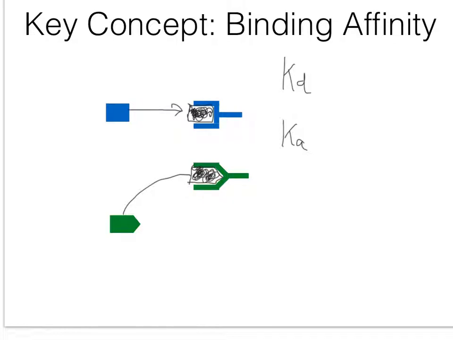What you need to know about the association and dissociation constants is basically if Ka is high, right? So high means good binding.